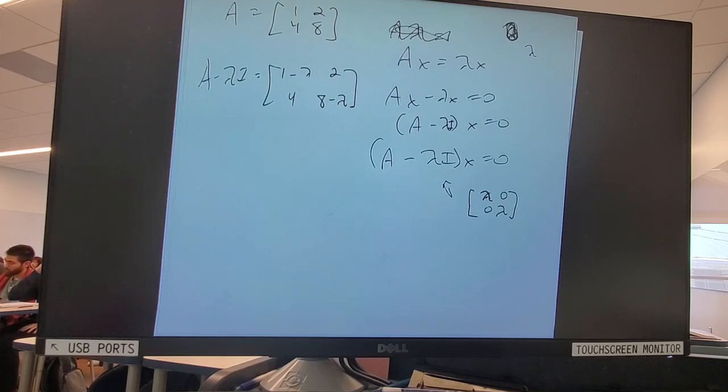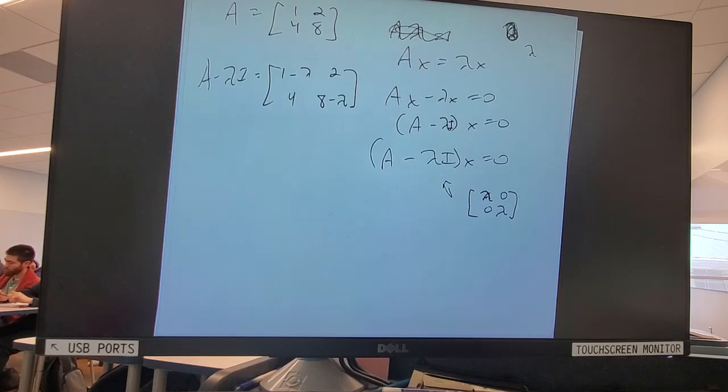So if the determinant of this matrix is not 0, then the only answer is x is 0, and we all just agreed that's hyper boring and not useful. So let's not let that be, which means the determinant of this has to be 0. That's the only way it could have non-trivial solutions. Yes? I want that to make nothing but sense.